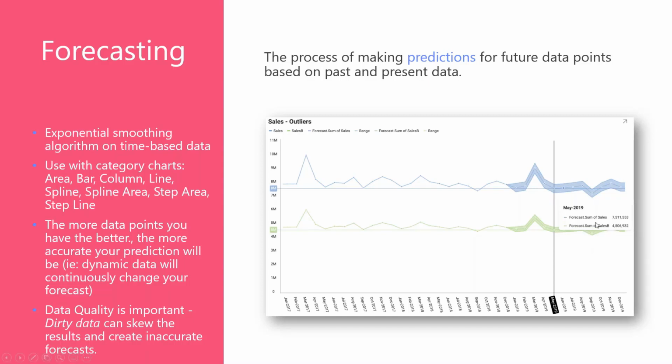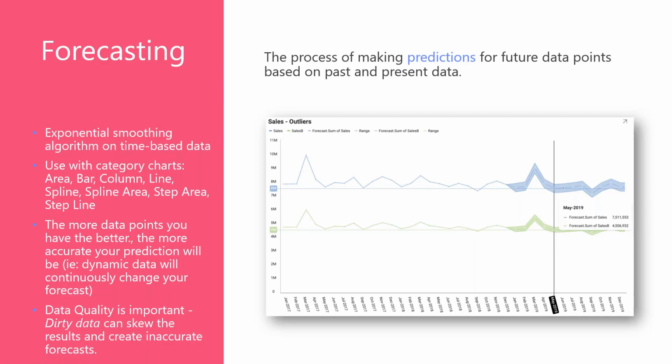And then what we did here is we took a screenshot of the tooltip, which is showing you the forecast sum of sales, forecast sum of sales A and B. So these are for a couple different product lines, and we're predicting that in May 2019, the sales would be 7.5 million based on all of the information that we passed ahead of this and more. So it's really, really cool.